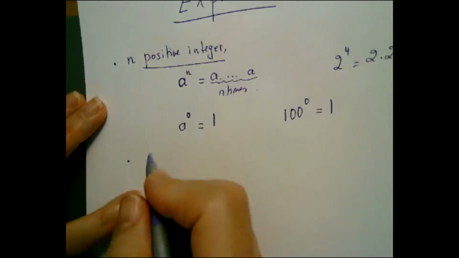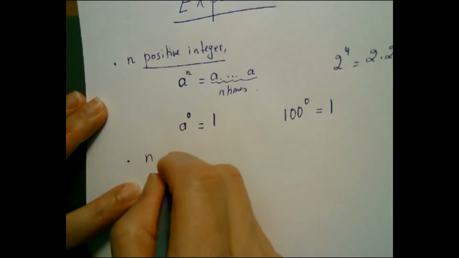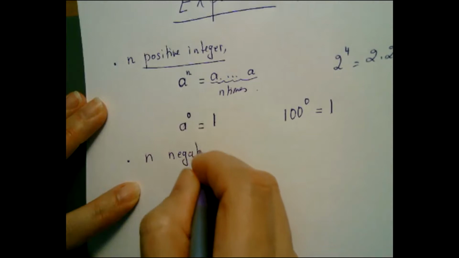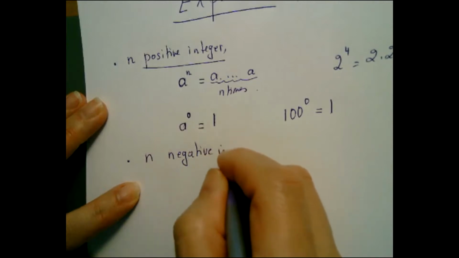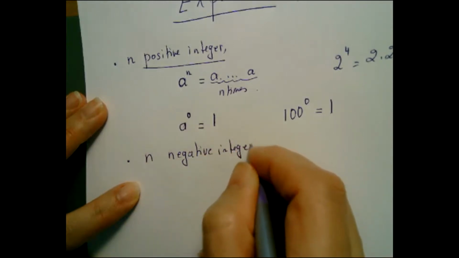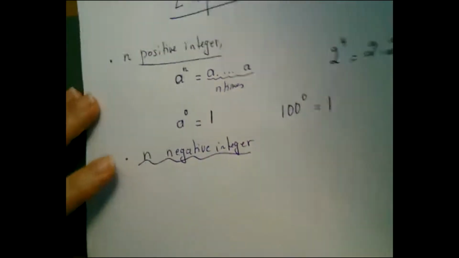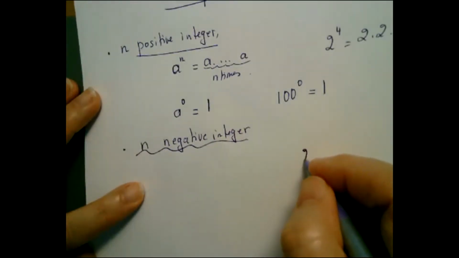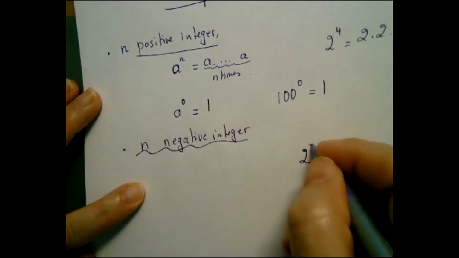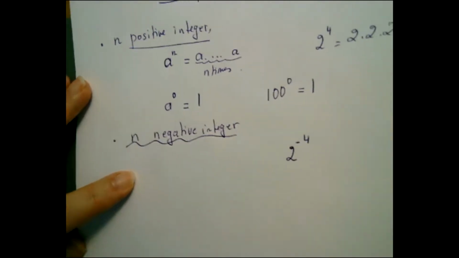Okay, now, for positive integers there is nothing really more I can say. Now, if n is a negative integer, it means minus 1, minus 2, minus 3. What does it mean to take 2 to the negative 4? What does this mean?